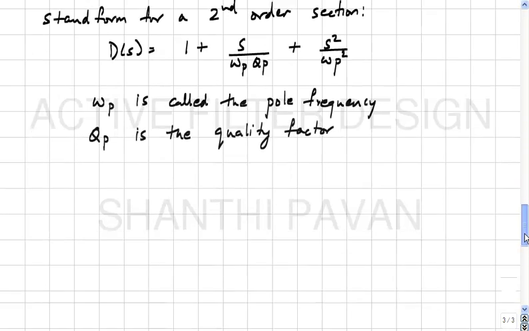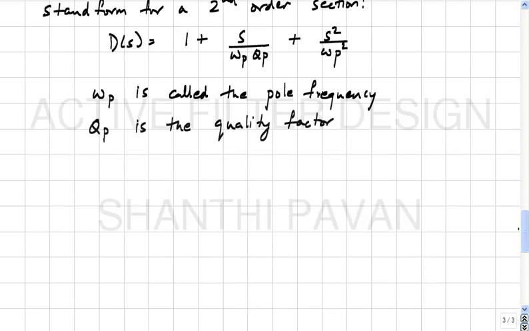So, if you have a denominator like this, can you tell me where the poles are? Where are the poles of the denominator? To find the poles, you said you need to find the roots of the quadratic.